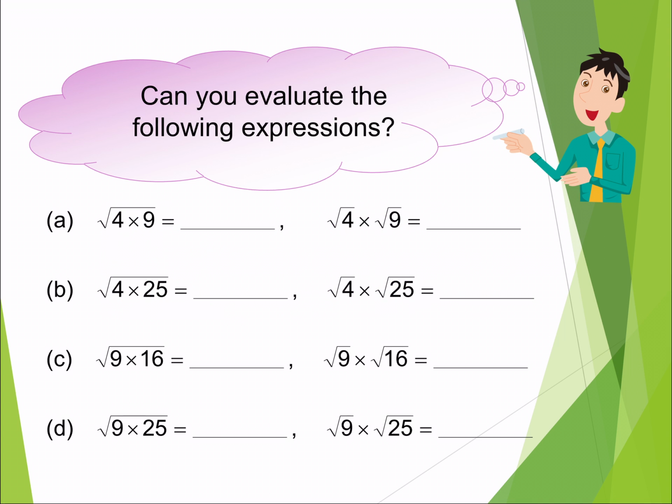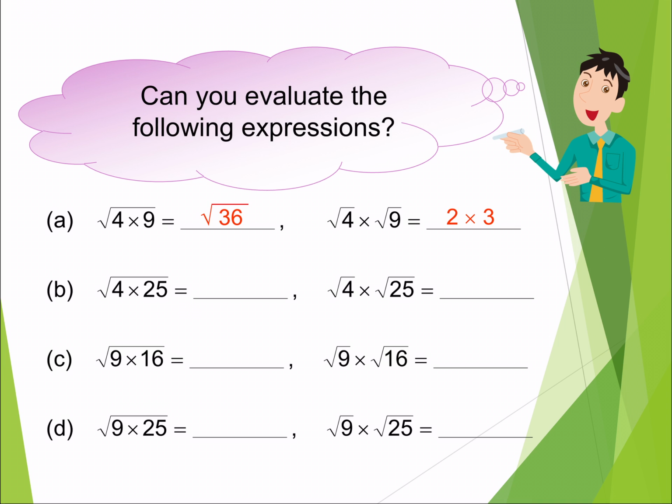Okay. Let's take on some examples to observe the properties of surds. For part A, left-hand side, square root of 4 times 9 equals square root 36, okay? And for right-hand side, square root 4 equals 2. Square root 9 equals 3, so it equals 2 times 3.